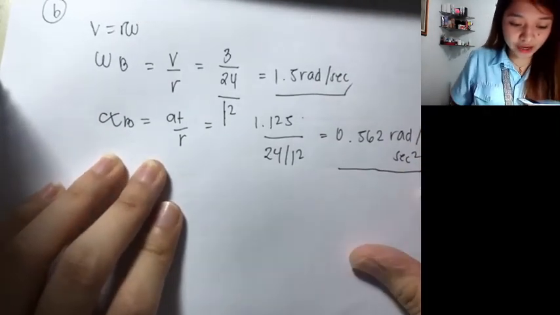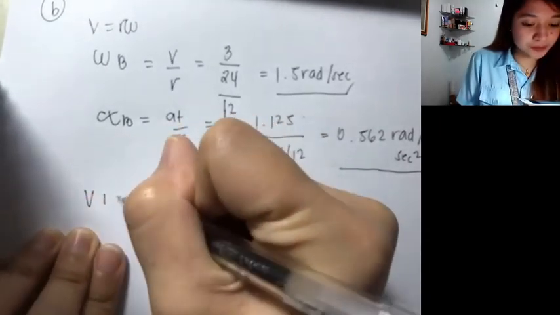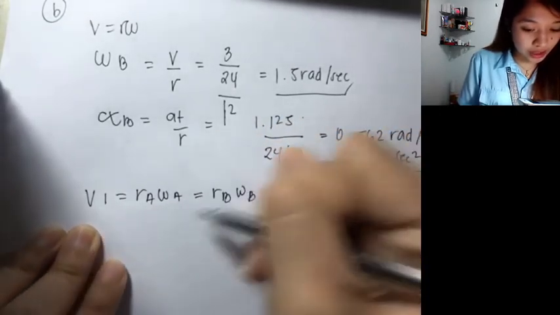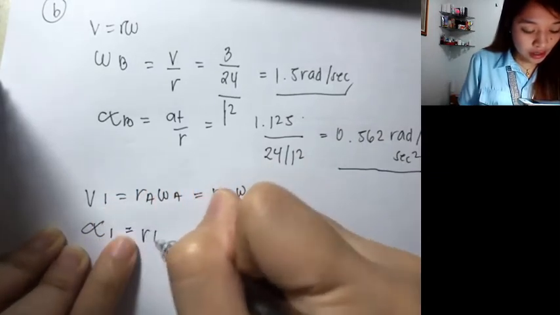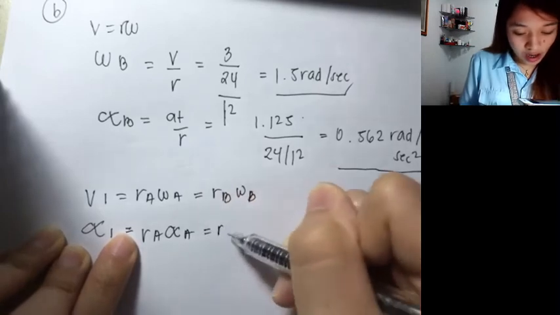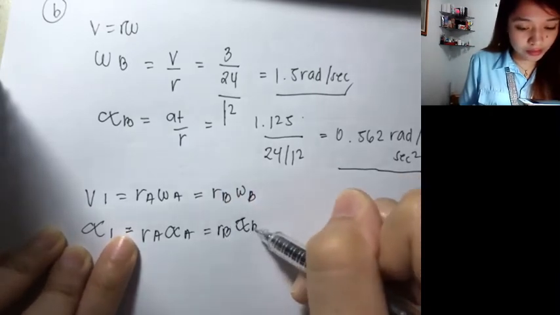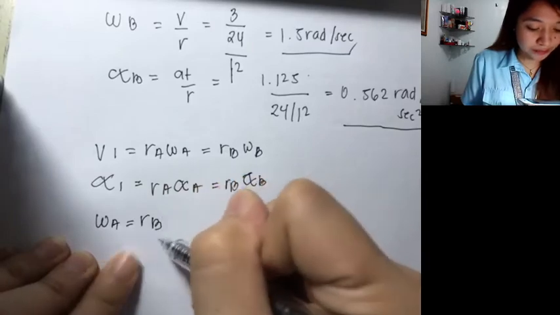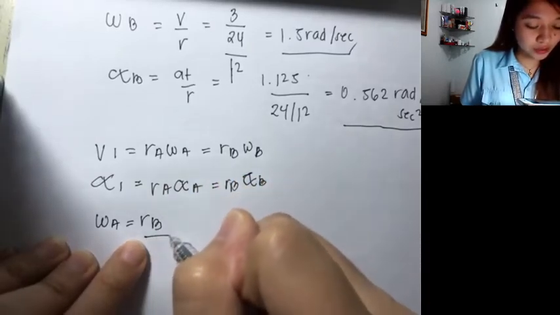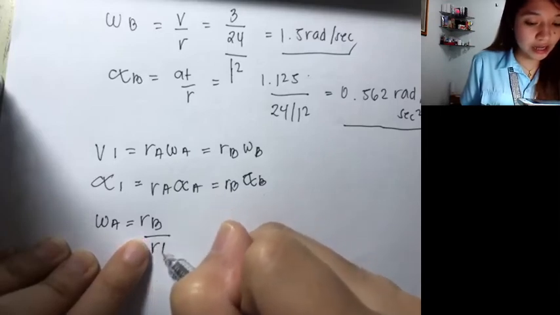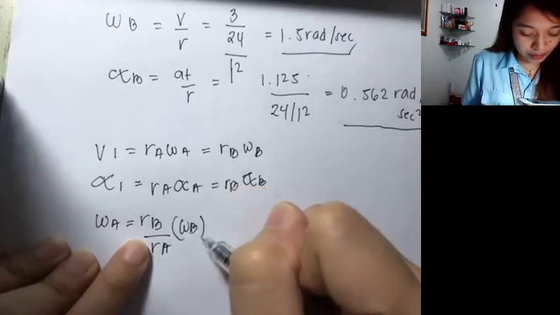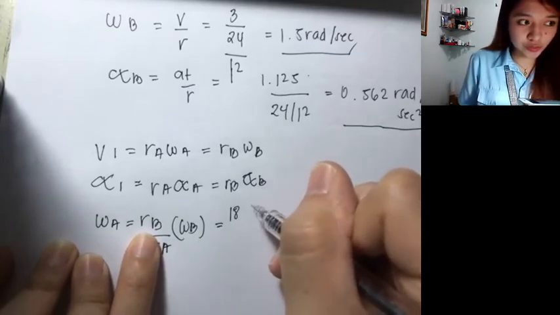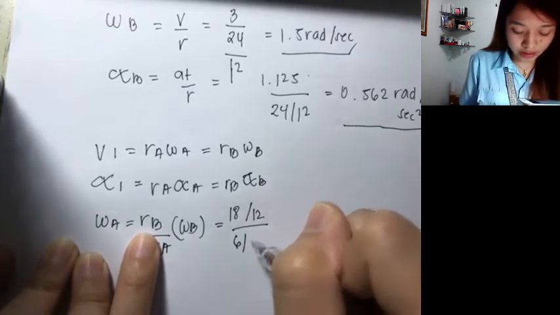After that, therefore, from V1, we have RA, angular velocity A, RB, angular velocity B, alpha 1, RA, alpha A, RB, alpha B. So angular velocity A equals RB over RA multiplied by angular velocity B. RB is 18, RA is 6, converted to feet, 18 over 12 and 6 over 12.